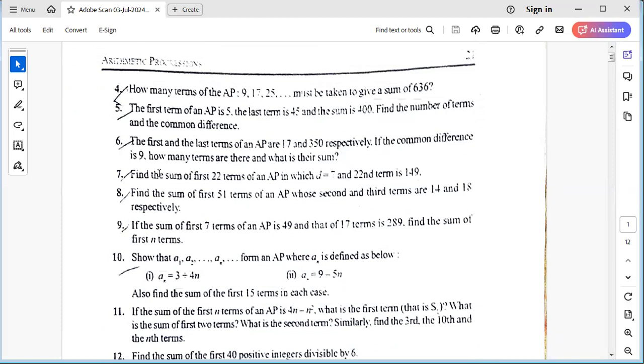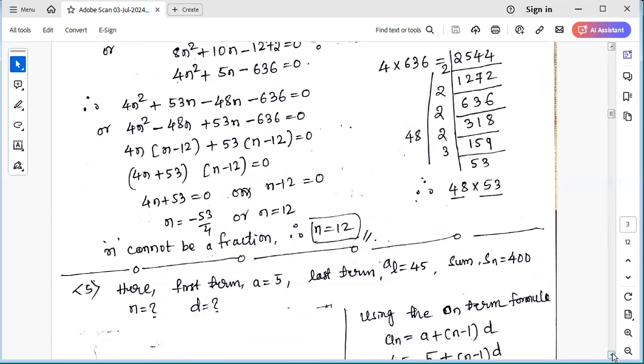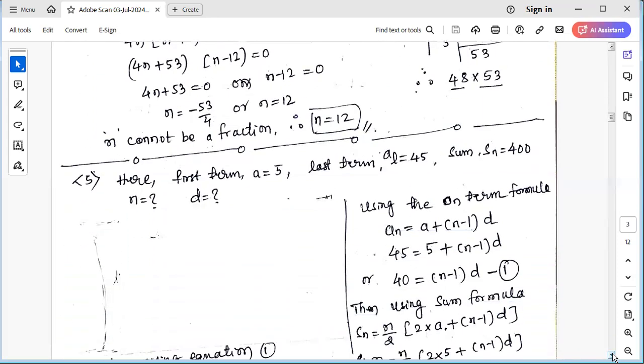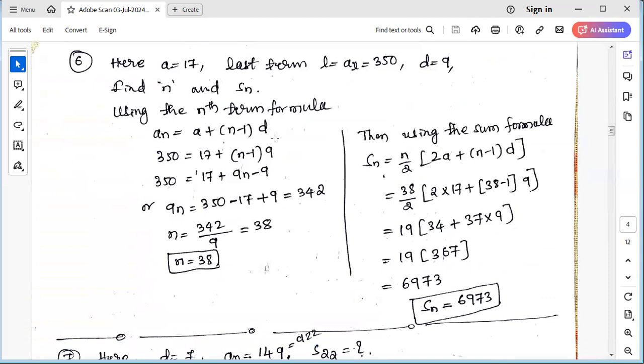If the common difference is 9, how many terms are there and what is their sum? So this is the problem. Go to its solution. It is problem number 6.